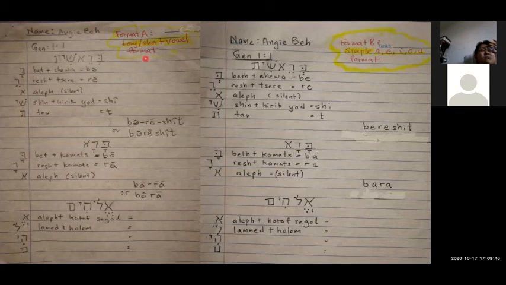The first word in Genesis 1:1 is Bereshit. You are going to take the word Bereshit and break it up into syllables. The first one is the letter Bet, so you write Bet.